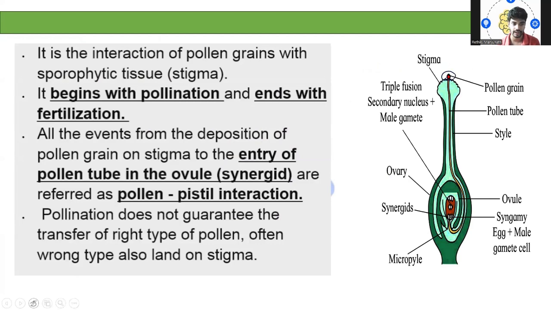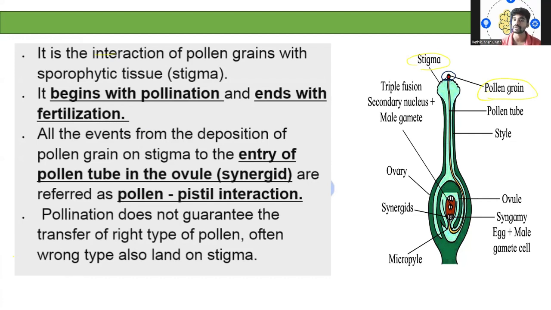When I am talking about pollen pistil interaction, it is the interaction of the pollen grains with the stigma, which begins with pollination and ends with fertilization.